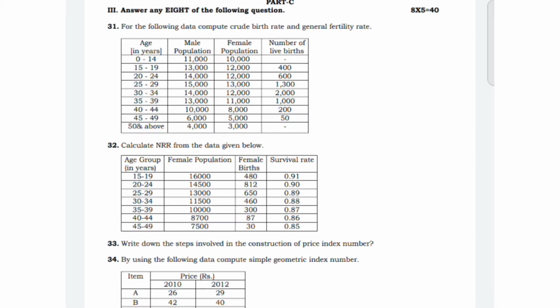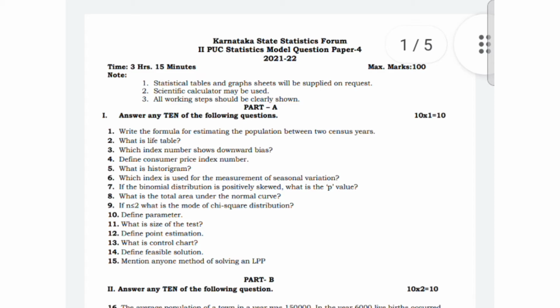Okay students, just observe, this is one of your model question papers of 2021 and 22.